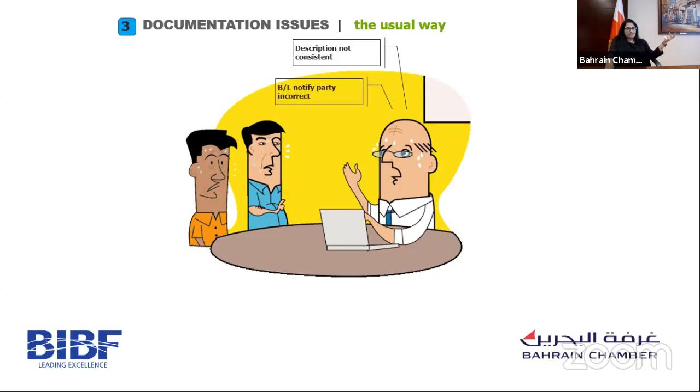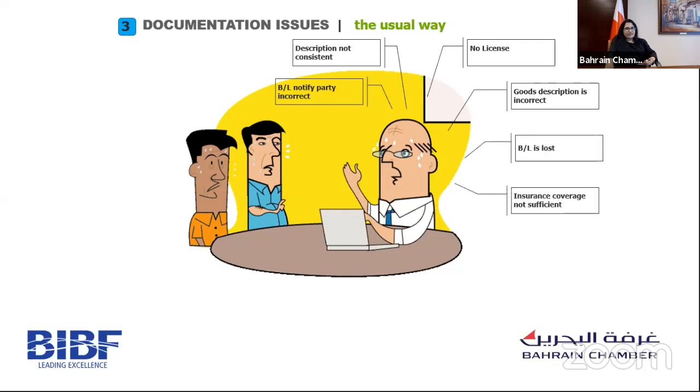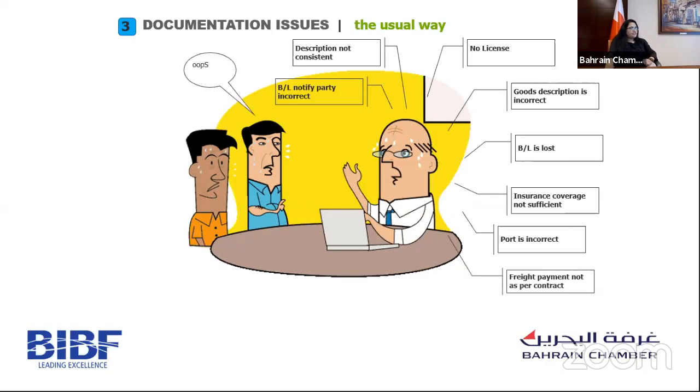Description not consistent, bill of lading notifying party is incorrect, there is no license for this product, you need a license but you don't possess one, the goods description is incorrect, bill of lading is lost, there is no insurance coverage, port is incorrect, you haven't paid the freight charges, and so on. There are so many problems.